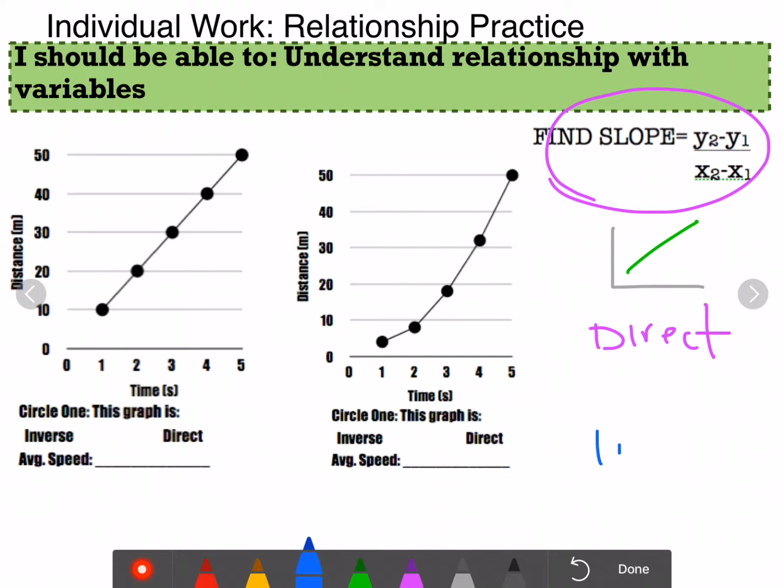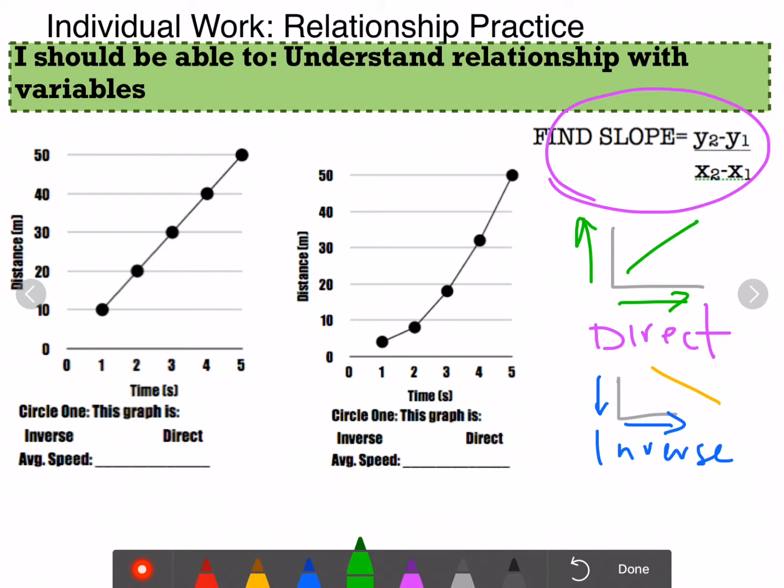Inverse, on the other hand, is where the graph goes downwards. It means your y-axis is going down in numbers while the x-axis is increasing, and direct is always where it is increasing in the x-axis and also increasing in the y-axis.